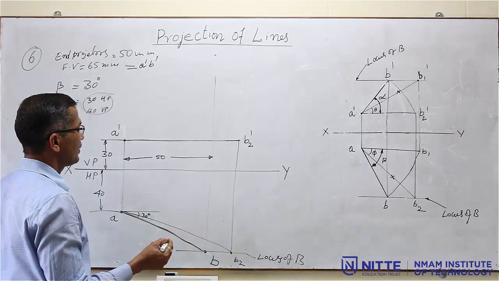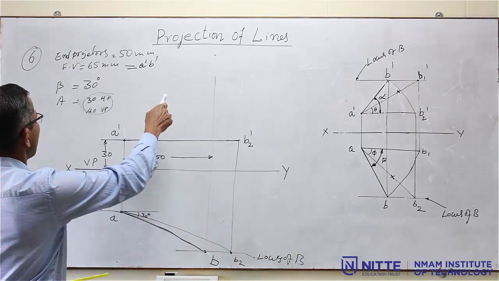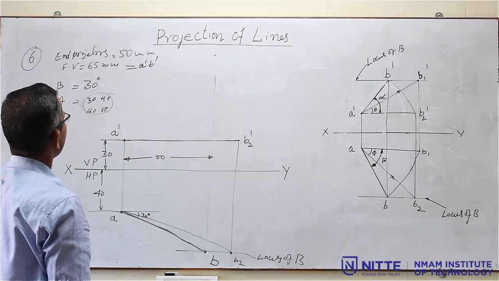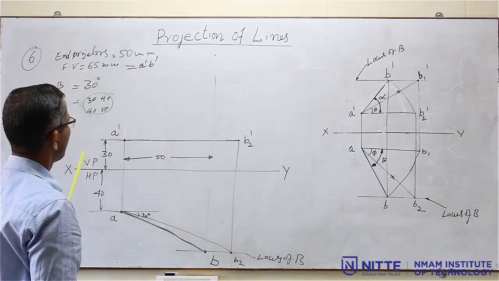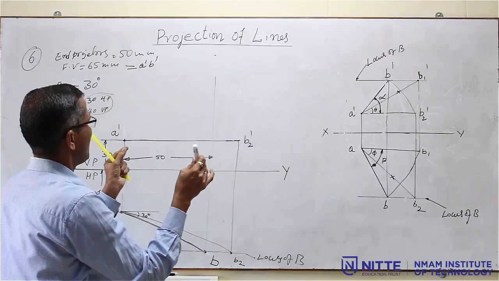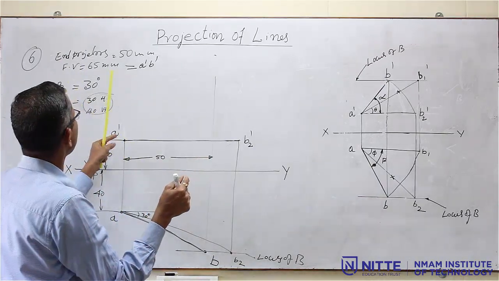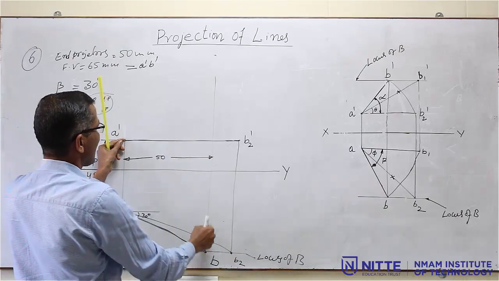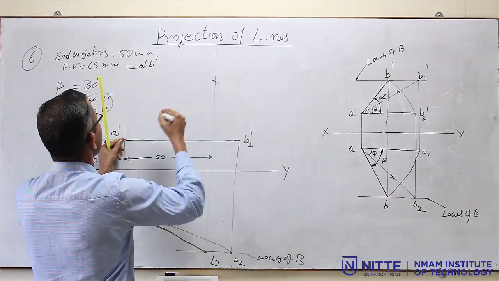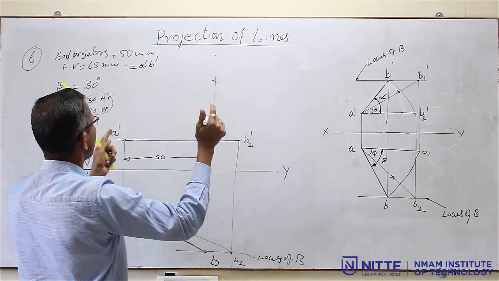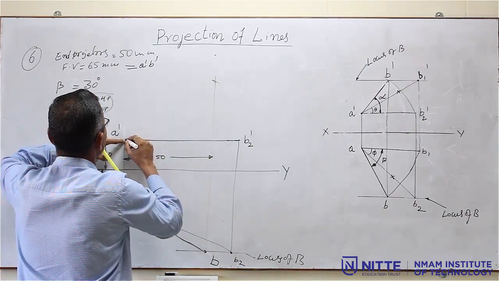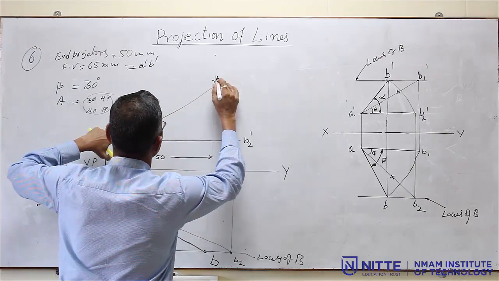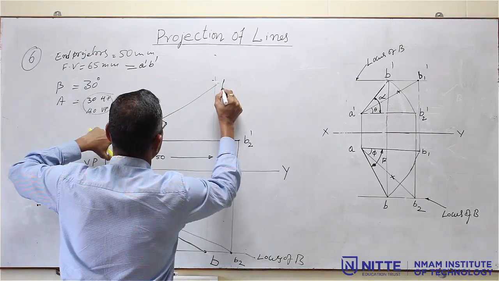Then what about the front view? Front view is 65 mm. So you take the compass and measure 65, with A dash as the center, and cut this line. The radius is 65 and the center is A dash. So, this is B dash.